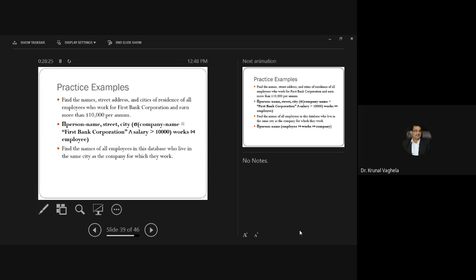Find the names of all employees in this database who live in the same city as the company for which they work.